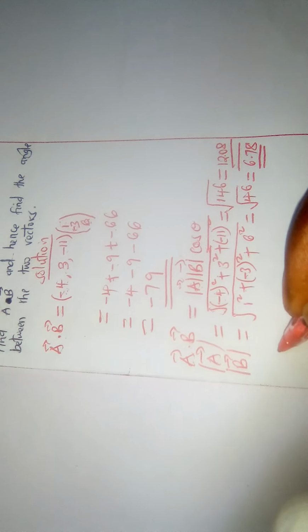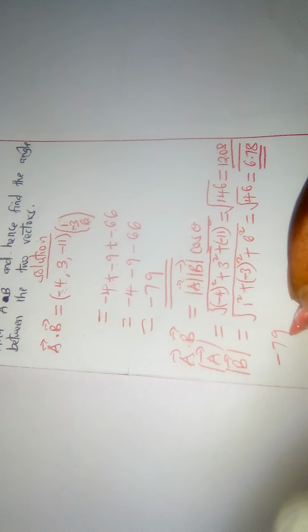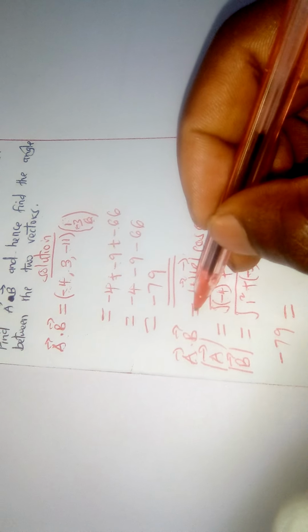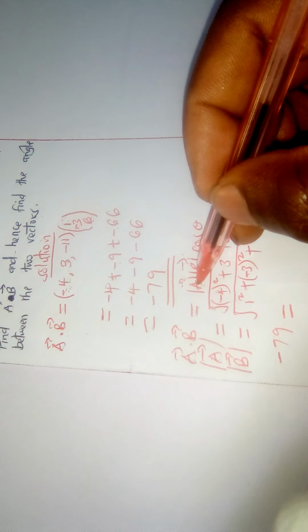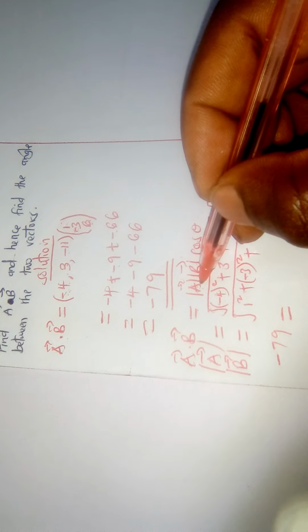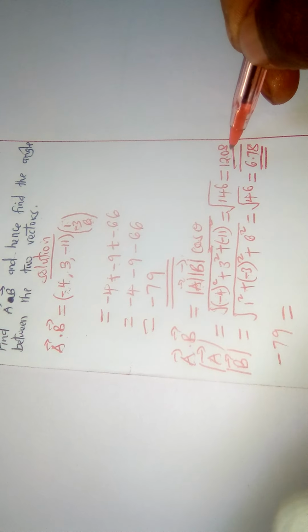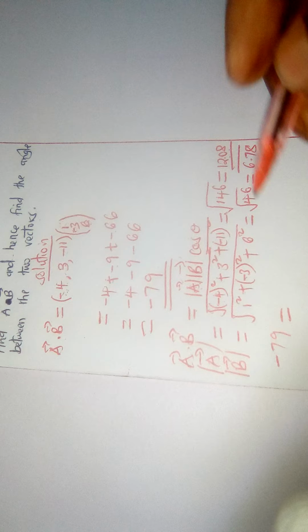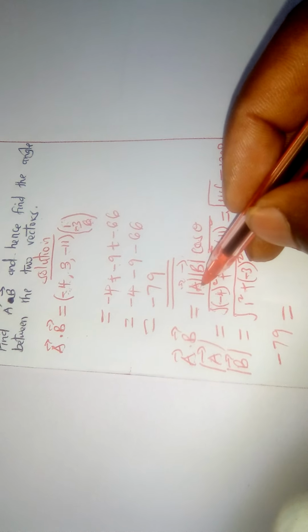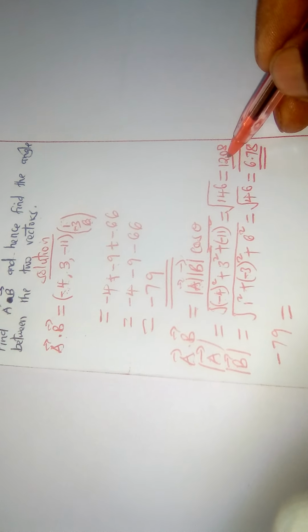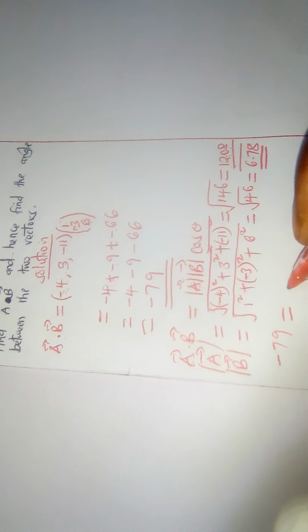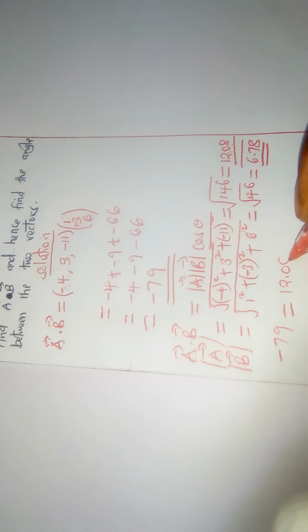So I'll write negative 79, which is equal to the magnitude of vector A. And what is it? It is 12.08. So just substitute 12.08.